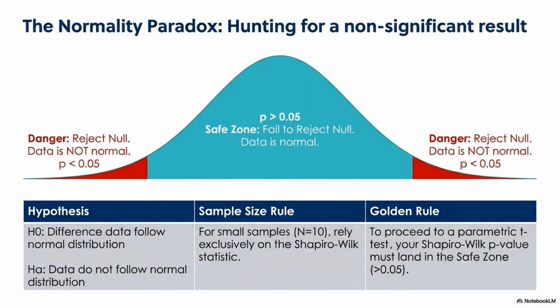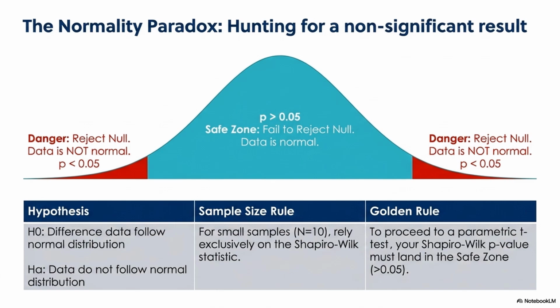The normality assumption: the null hypothesis is that the difference data follow a normal distribution, and the alternative is that the data do not follow the normal distribution.